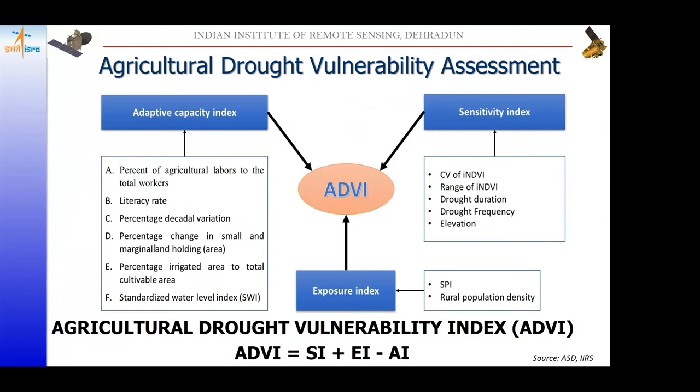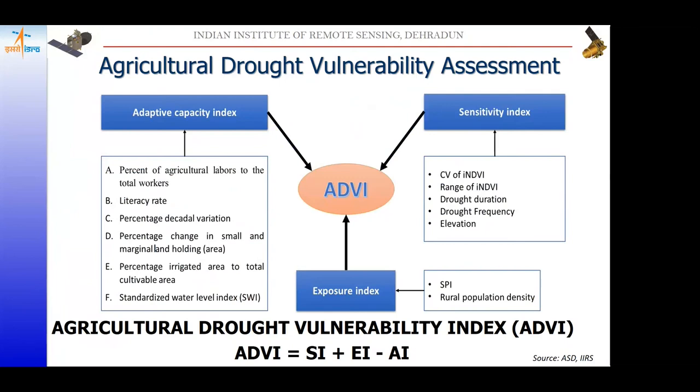So in this pilot project, we derived the agriculture drought vulnerability index, which is a combination of the sensitivity index, exposure index and adaptive capacity index. These three indices are also a combination of various satellite-derived as well as socio-economic data based products.